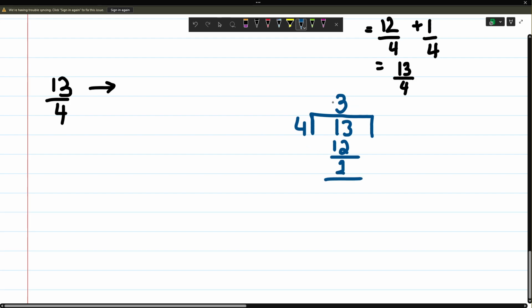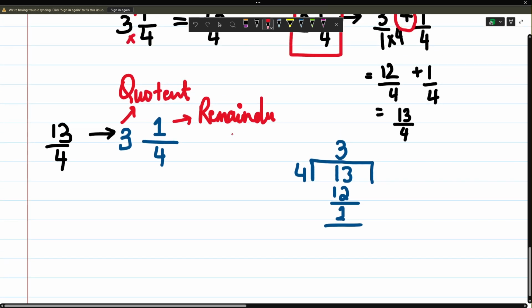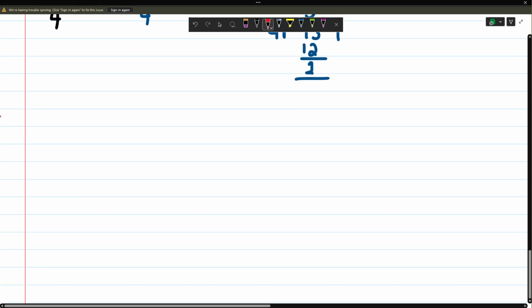So this quotient is gonna come outside, right? Remainder comes on the top and 4 stays on its place, right? So this is your remainder and this is your quotient. Clear? Is this clear? ठीक है.